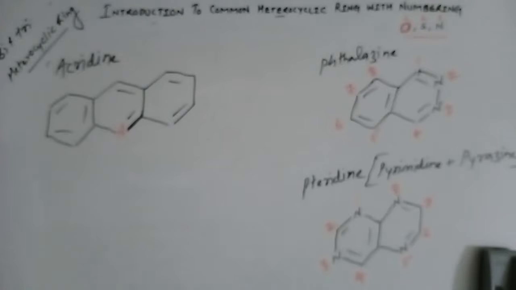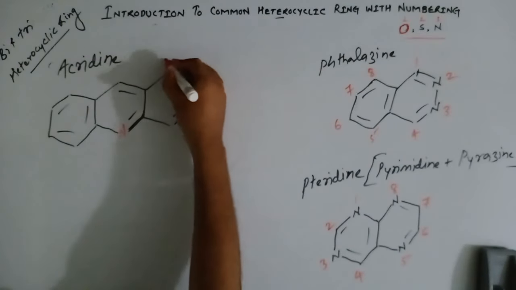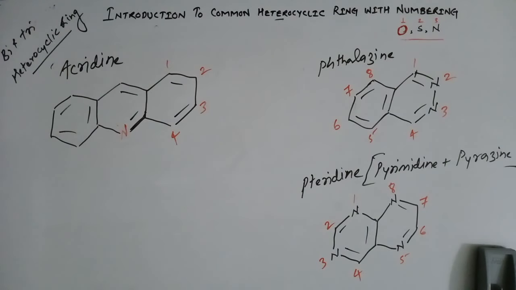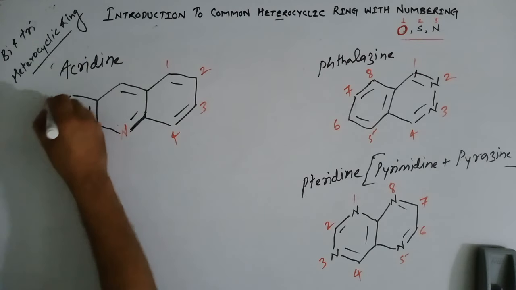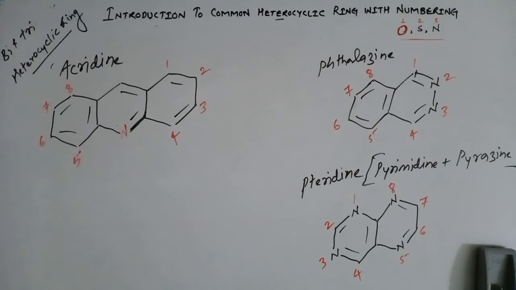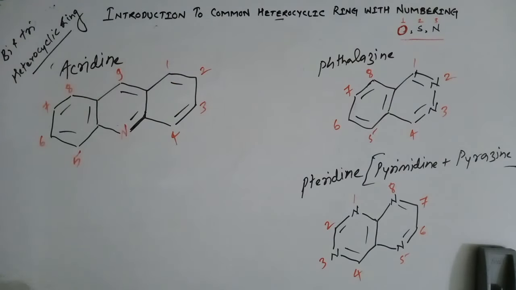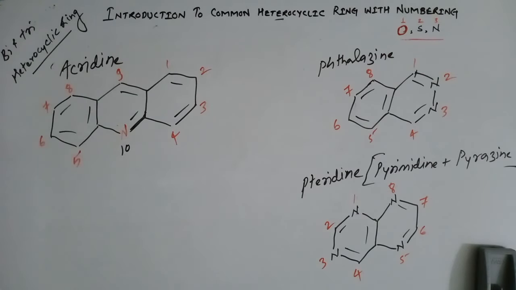The important thing is from where we number this ring structure. Traditionally the numbering given to acridine is from here: 1, 2, 3, 4. Now fifth is not given to this nitrogen. Fifth is here. Fifth, 6, 7, 8. And this one is your 9 and nitrogen is given 10 position. This is a very exceptional molecule, acridine.